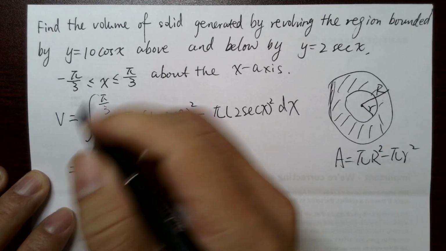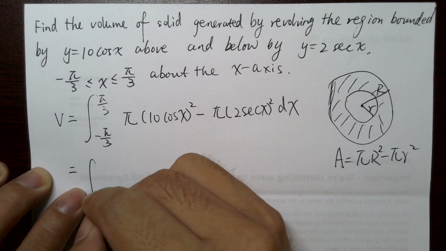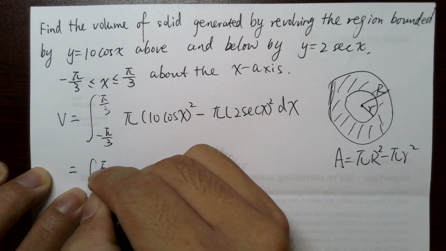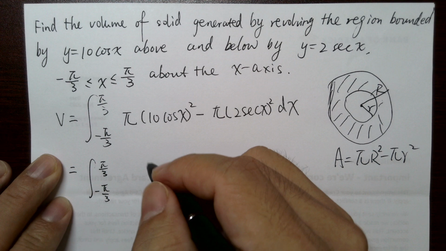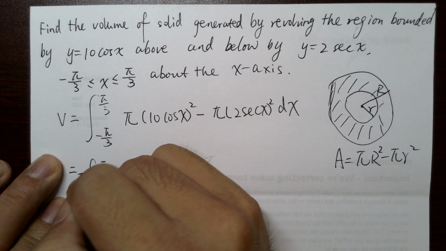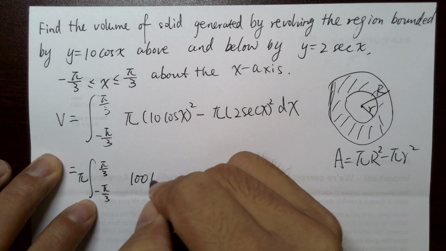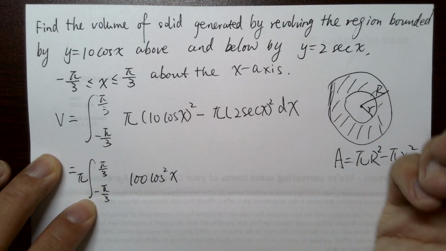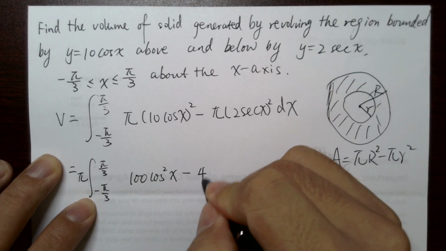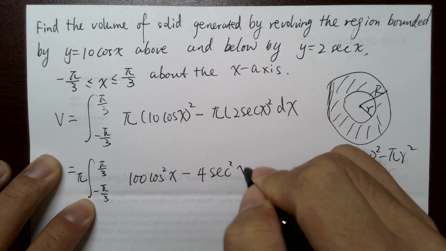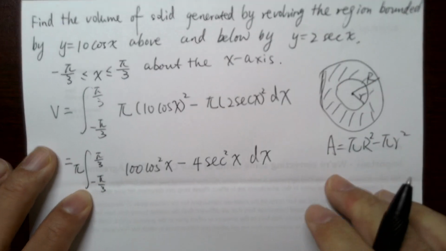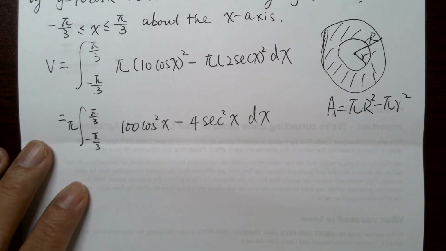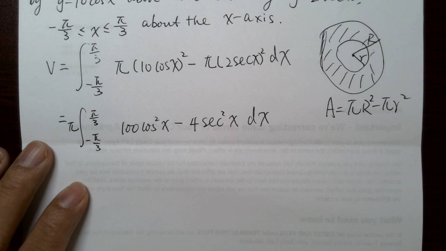Now, if we do some simplification and factor pi out, that's pi times the integral of 100 cosine squared x minus 4 secant squared x dx.